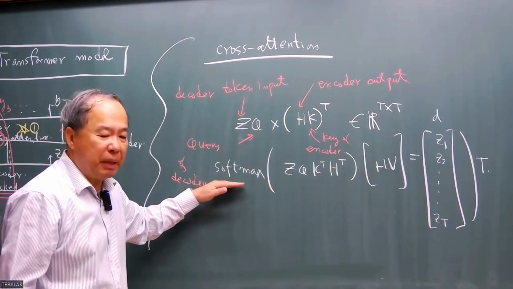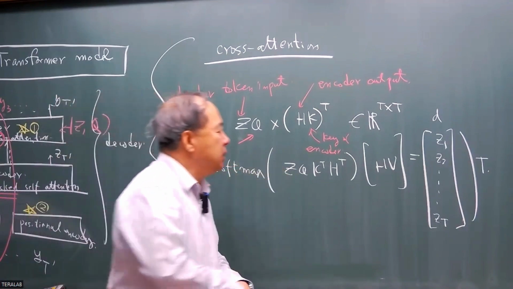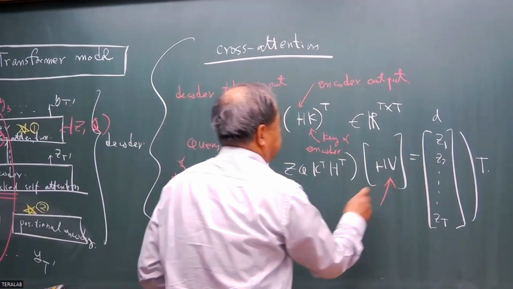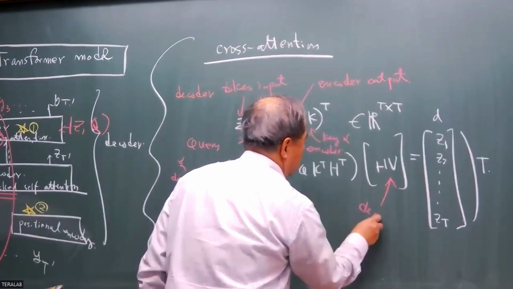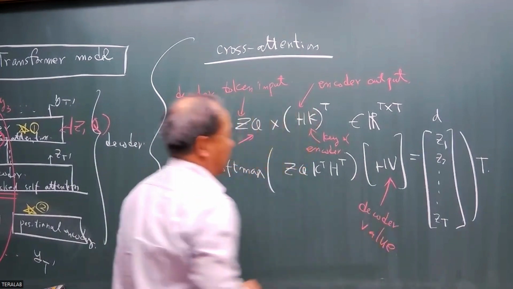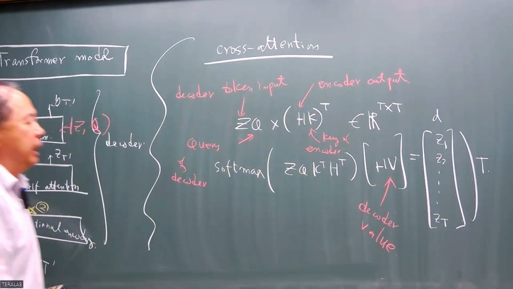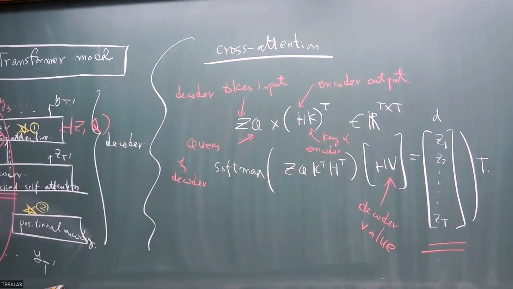And by having softmax, we're gonna have a probability distribution. Then it is multiplied by the encoder value. We can update the token.